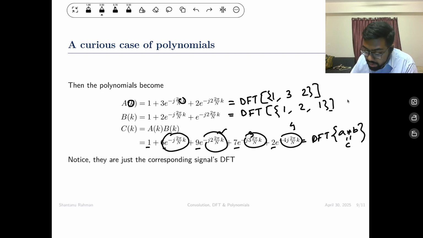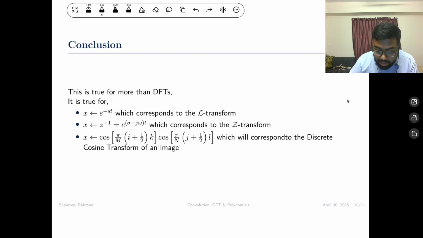So you can see that using polynomial multiplicative properties, we can say that the product of the discrete Fourier transforms of two signals equals the discrete Fourier transform of their convolution. Hence, this is how we prove that the multiplication of two discrete Fourier transforms is equal to the convolution of those signals.